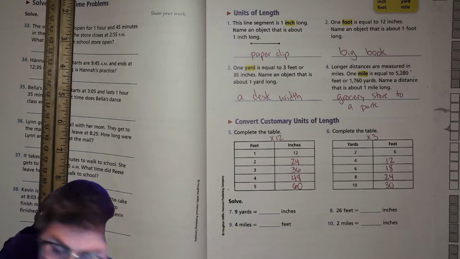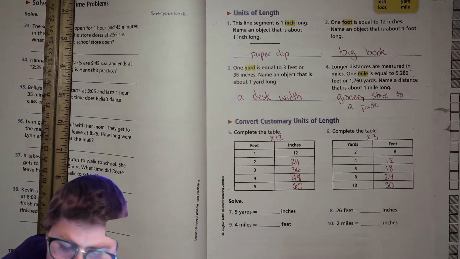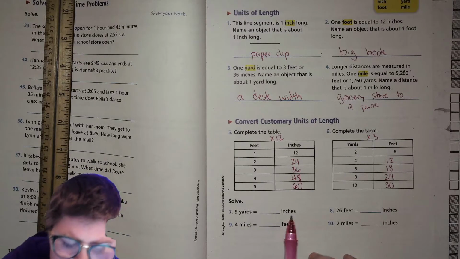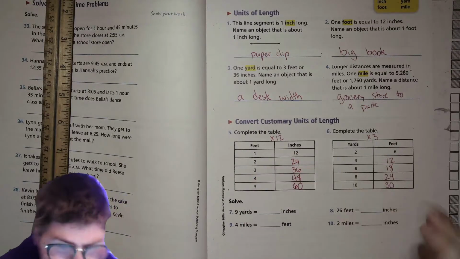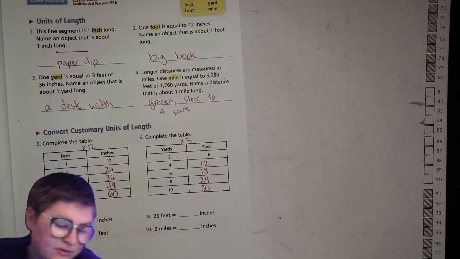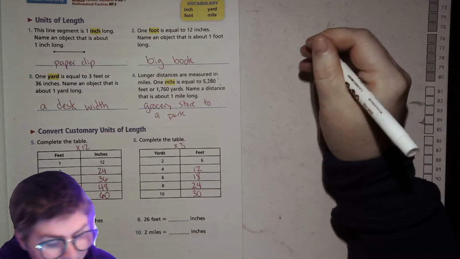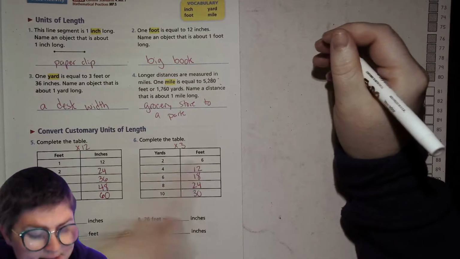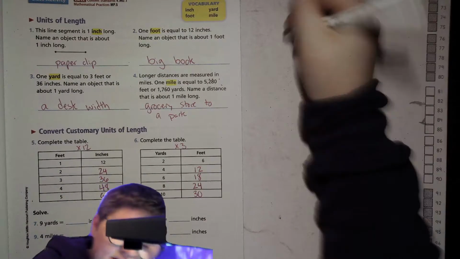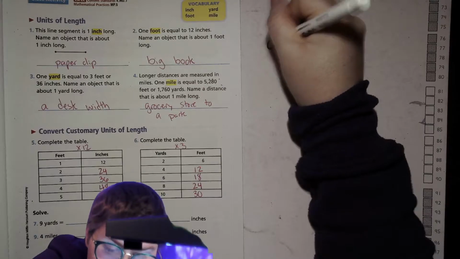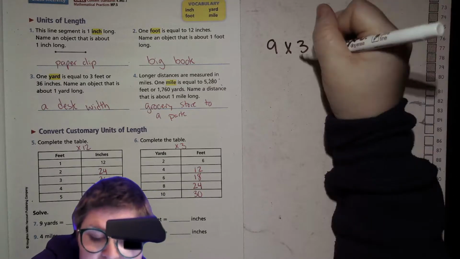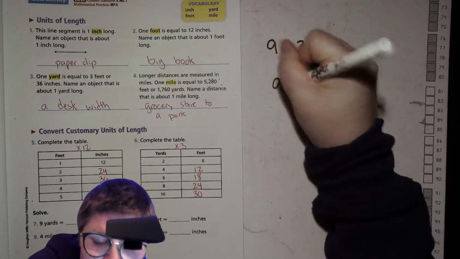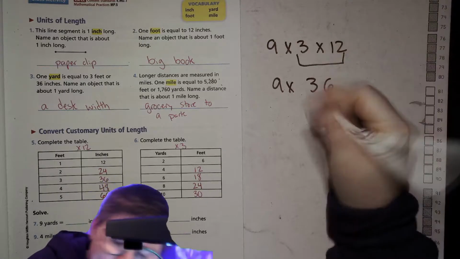Ooh, okay. So to go from yards to inches, first we'll bring it to feet. So we'll multiply it by, here, I'll get my whiteboard ready. We'll multiply it by 3 to get to feet and then by 12 to get to inches. So that's 9 times 3 times 12. And what you could do is do this first. So that would be 9 times 36.